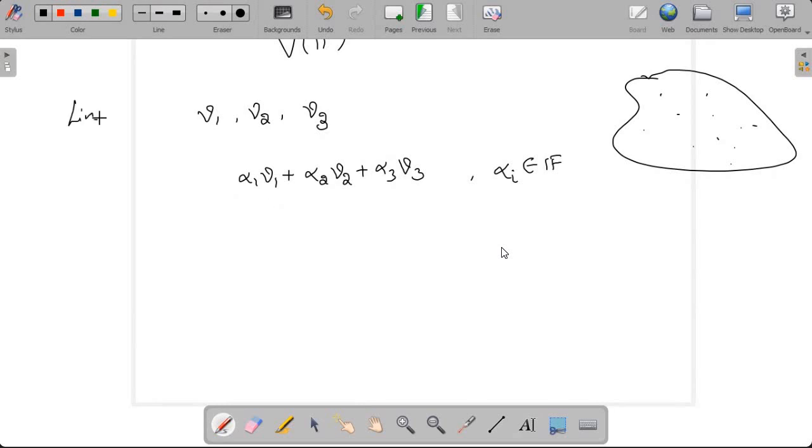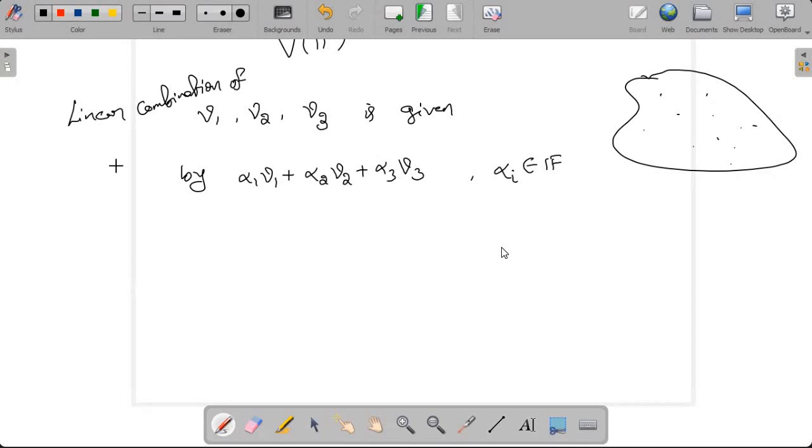Okay, so let me write it. The linear combination of these vectors v1, v2, v3 is given by alpha 1 into v1 plus alpha 2 into v2 plus alpha 3 into v3. This is what we call a linear combination.